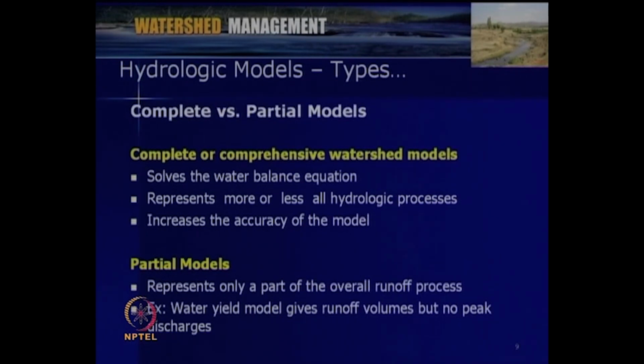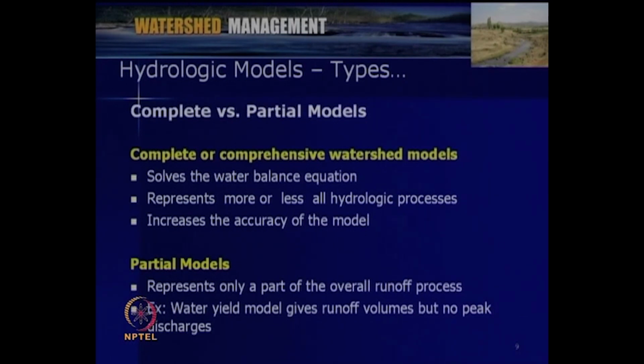It increases the accuracy of the model, since all the aspects are considered in the simulation process. Say, for example, rainfall runoff at a particular location of the watershed outlet, where we want to identify how the flow pattern is taking place. That way, a comprehensive watershed model considers most of the important hydrologic processes.